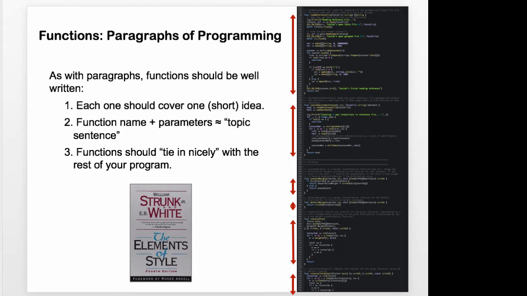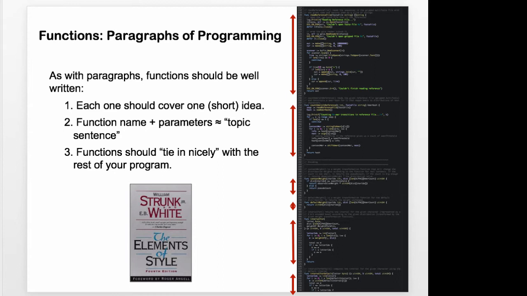You shouldn't have a paragraph that spans 3 pages long. The start of the function, what's called the function signature, or the name of the function plus its parameters, we can think of as the topic sentence, or the first sentence of a paragraph, that essentially gives a general idea of what that paragraph is going to be about.